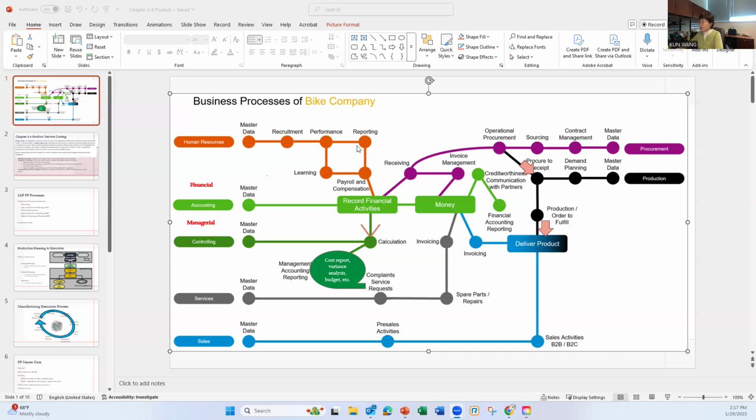Ideally, we should also have some connection with human resources, where the labor will be planned to be added to the production process. So that's an overall feel of how the production process is linked to other key business functions.